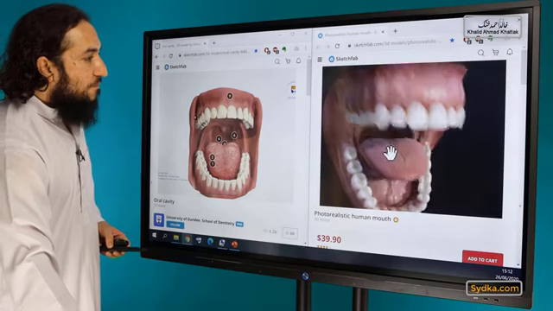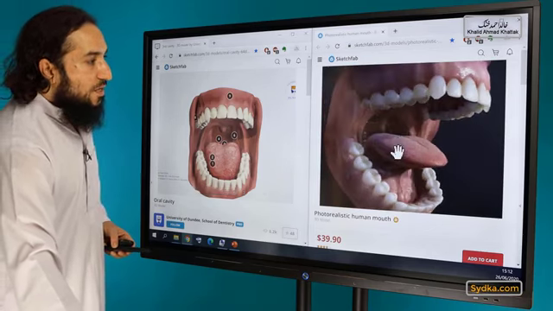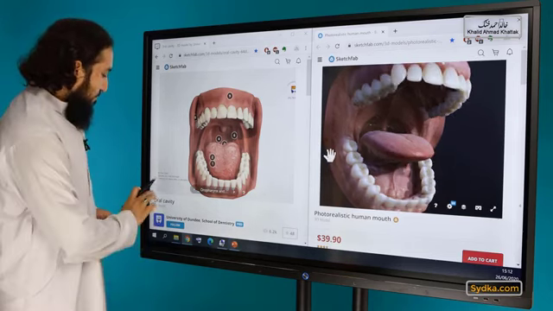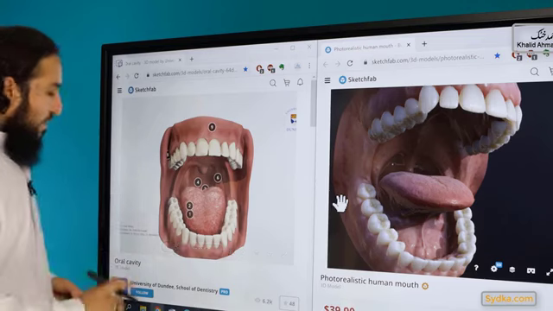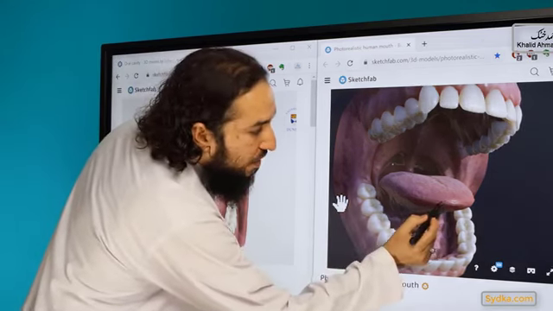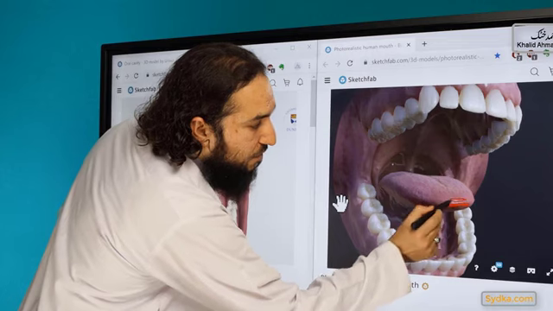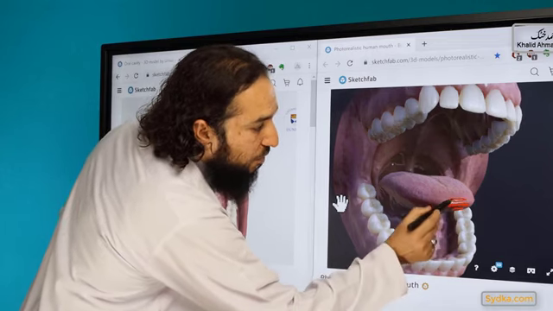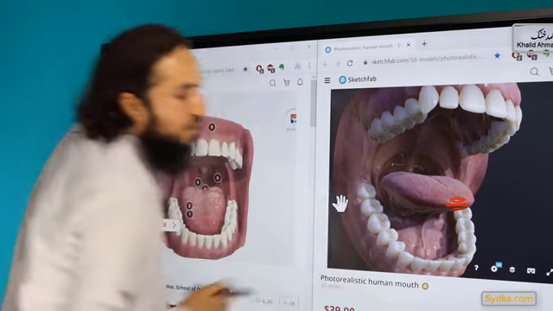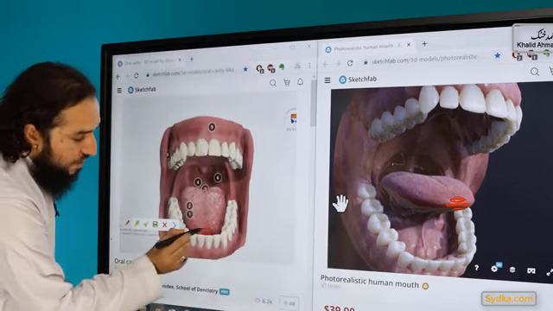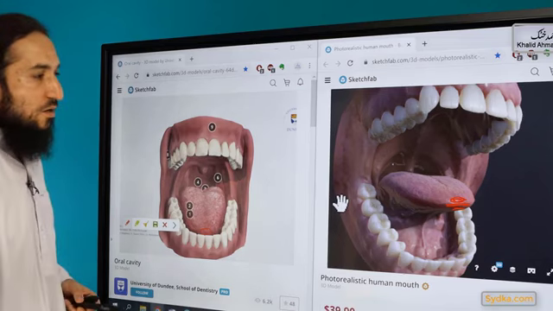As we explained earlier, you can see here, this part is the tip of the tongue, that is the top side of the tip, and this is the underneath side. So we will be using the top side of the tip of the tongue.